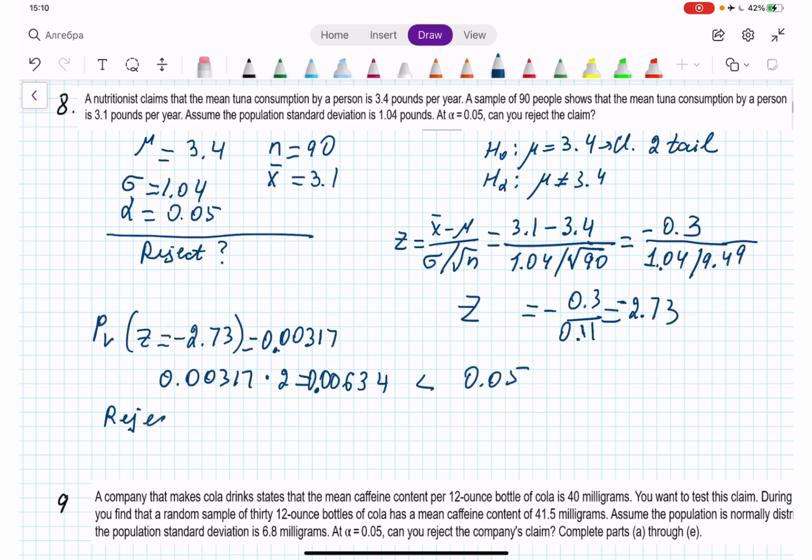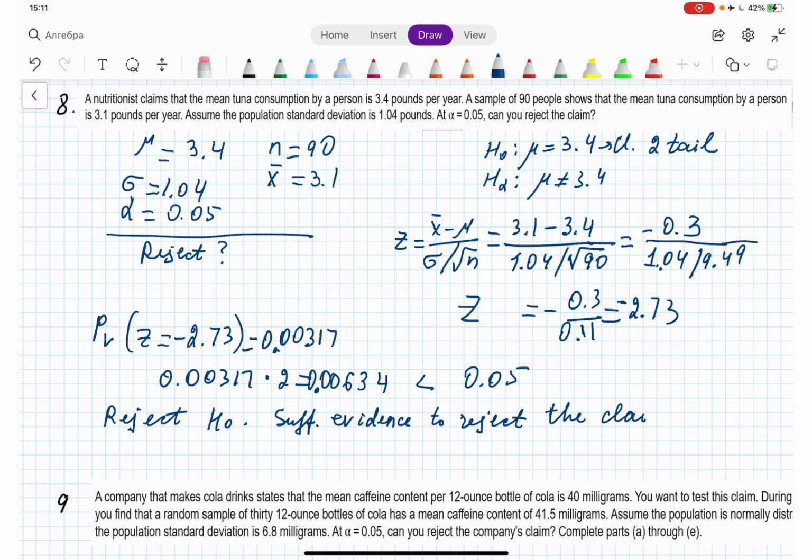We reject the null hypothesis and there is sufficient evidence to reject the claim.